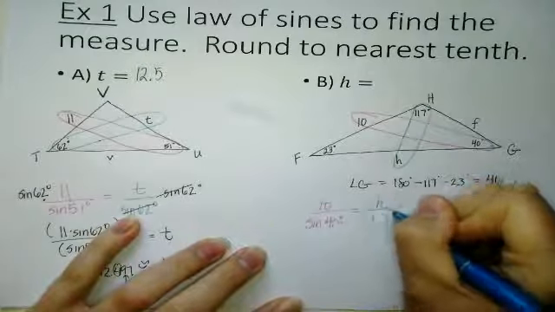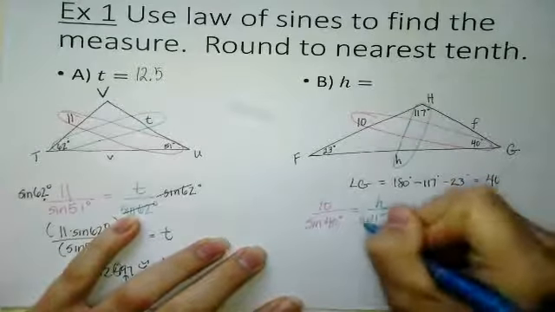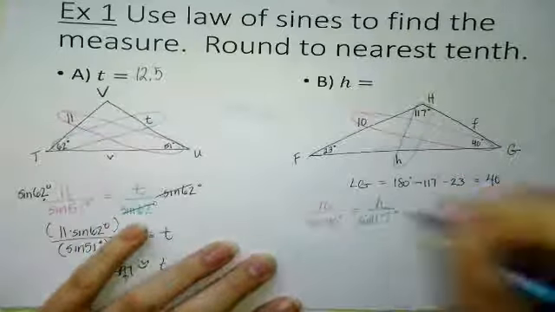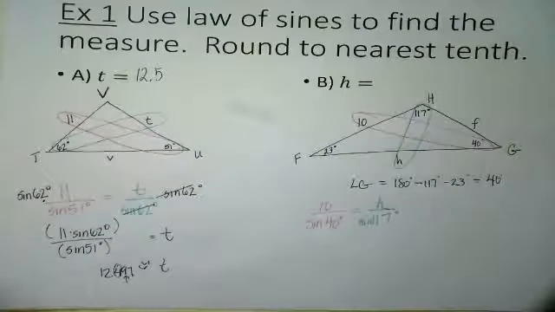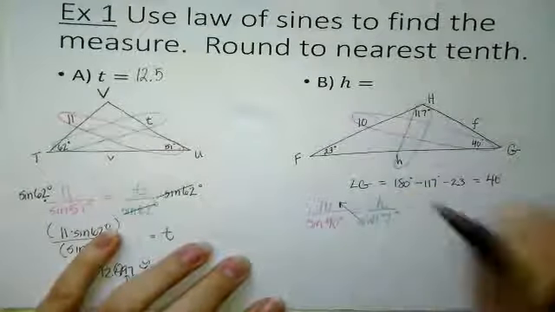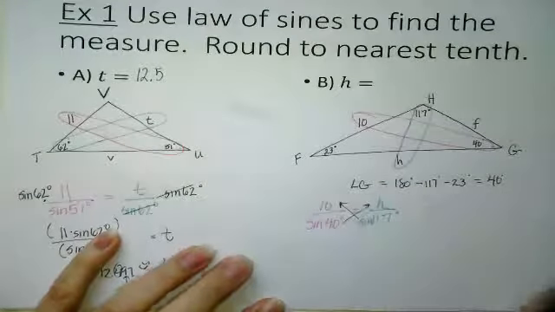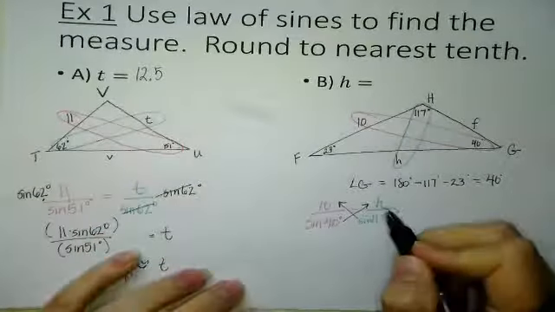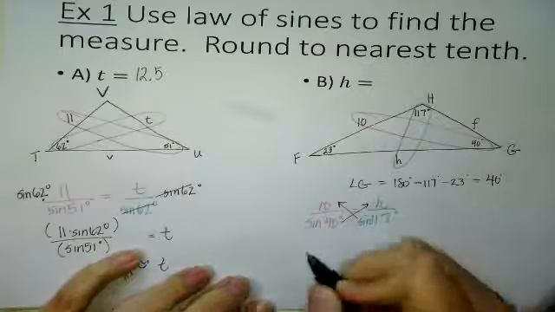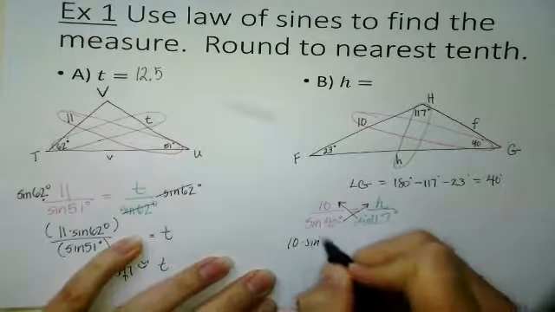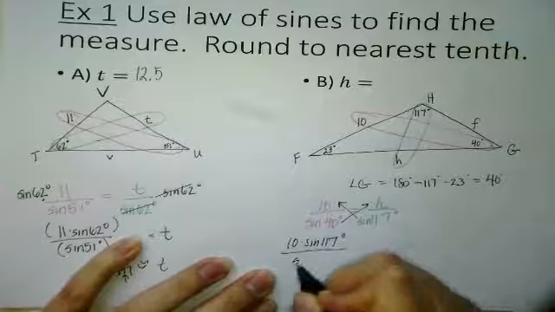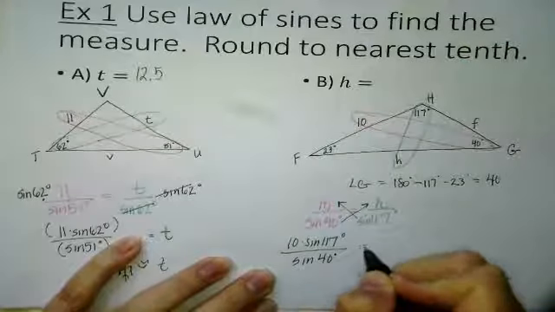So H over the sine of 117 degrees. Again, I want to get H by itself, so we can think cross multiply, or just multiply by the sine of 117. That's going to be 10 times the sine of 117 degrees over the sine of 40 degrees, and that's H all by itself.